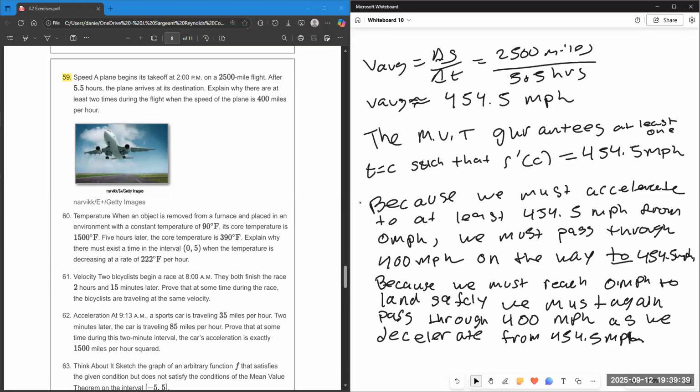There's once as we're going towards that average speed, and once as we're coming back from that average speed, decelerating in order to land. So probably once on takeoff and once on landing, but I'm not absolutely sure that they happen exactly at takeoff and landing. But that's the idea, that you're going to have to hit every speed between 0 and 454.5, and then every speed between 454.5 and 0. So you're going to hit 400 at least twice.